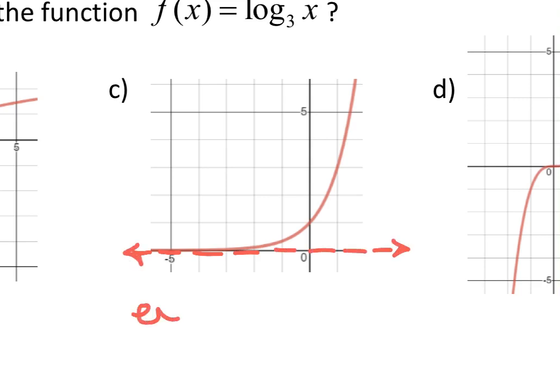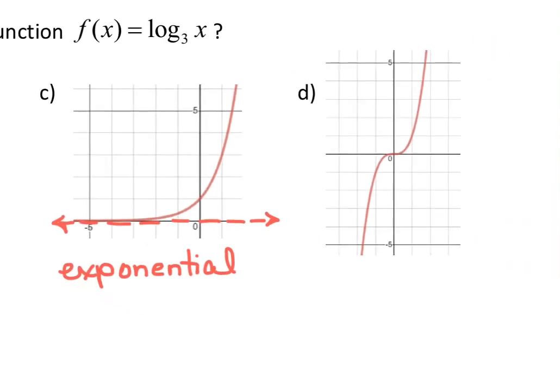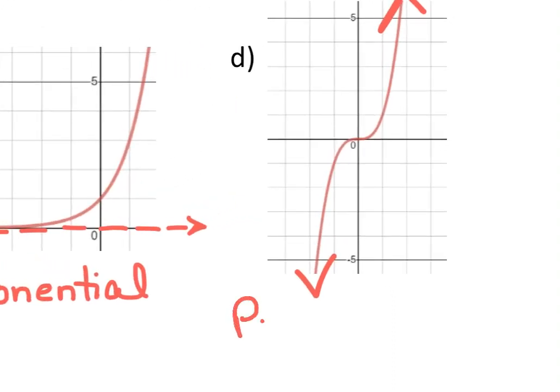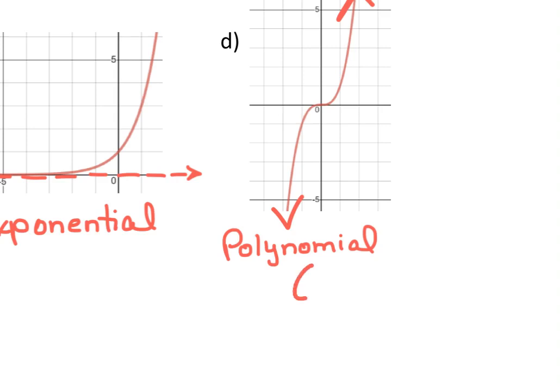Well, that's going to be an exponential function. And then notice in letter D that you've got the end behavior going very sharply or steeply up and down really fast, both on the left and on the right. And therefore, this is going to be a polynomial function. And if you recognize the shape, you know that this is probably cubic.